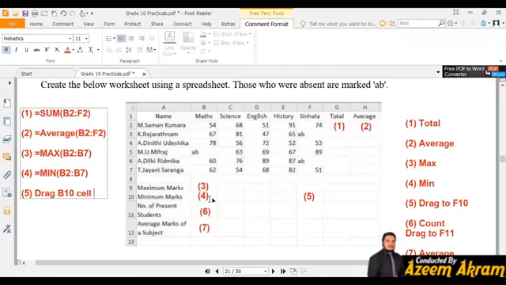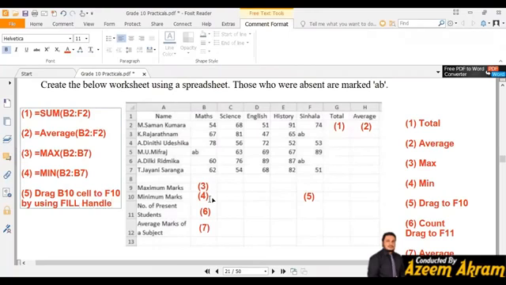Okay, to where? F10. By using what? Fill handle.